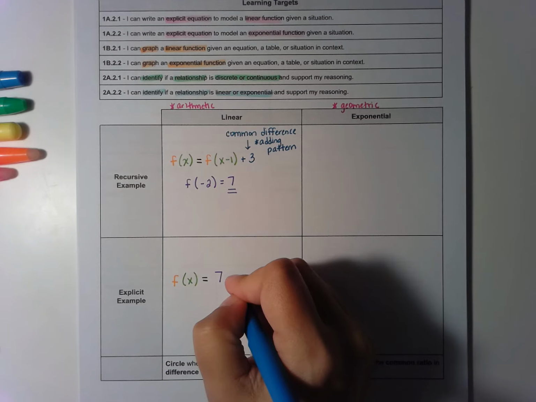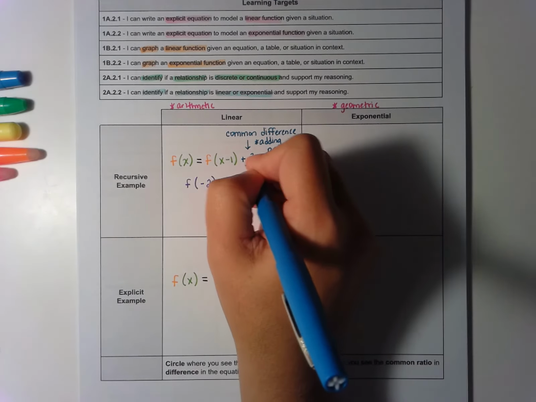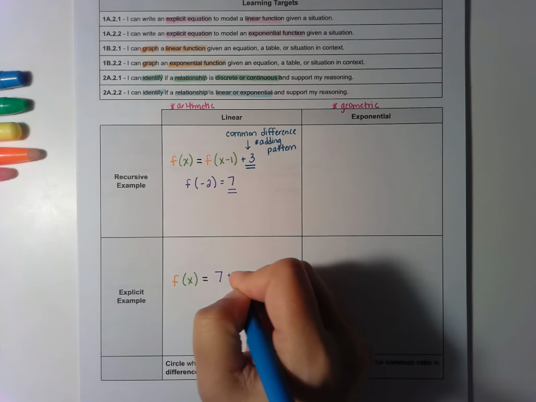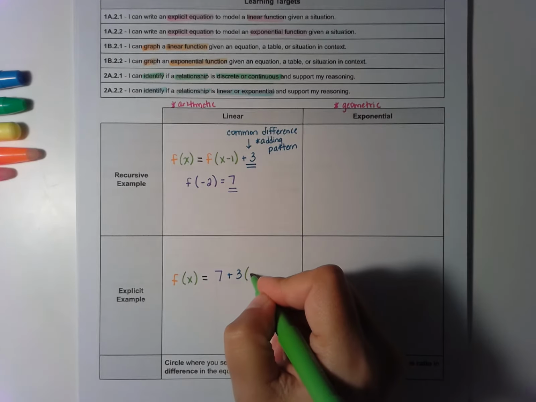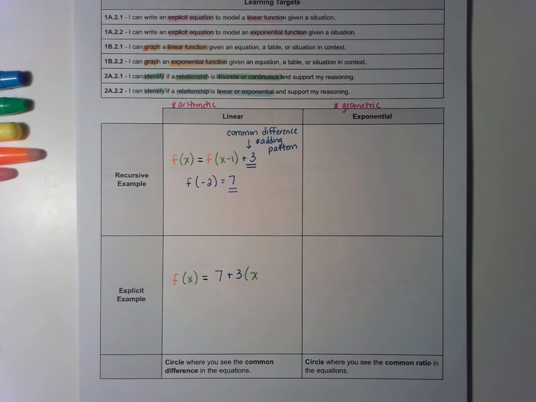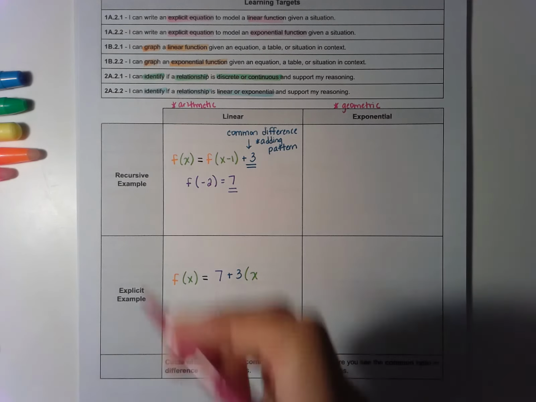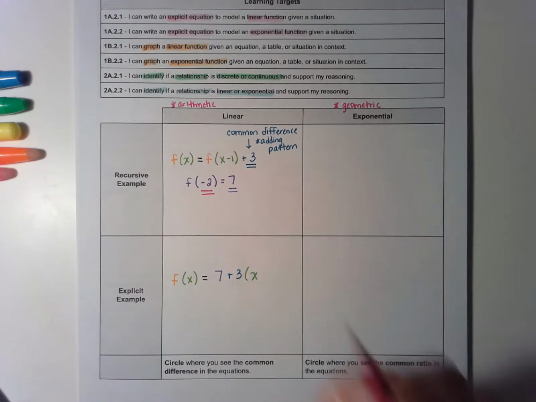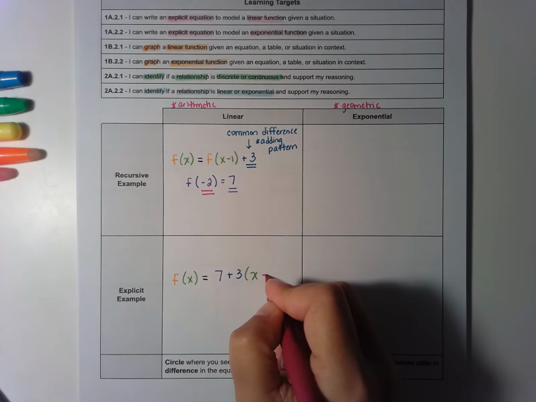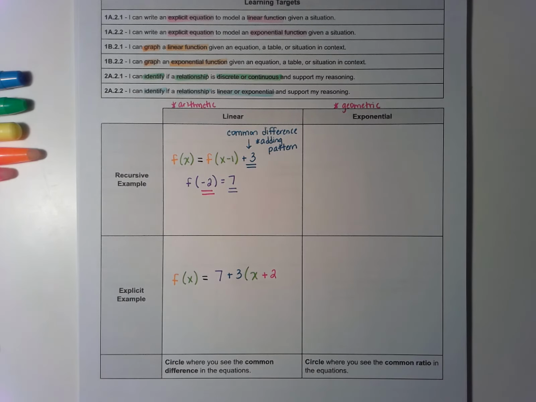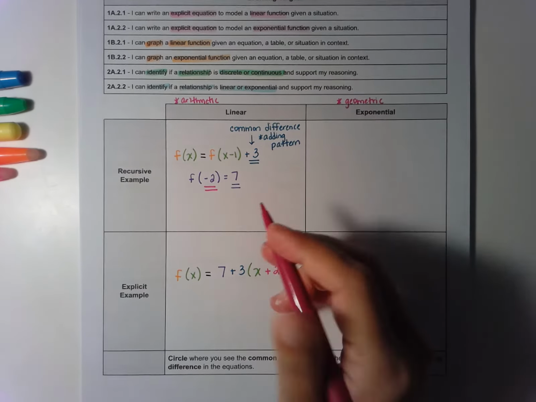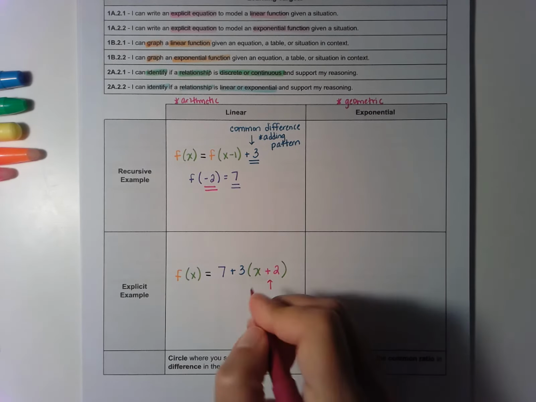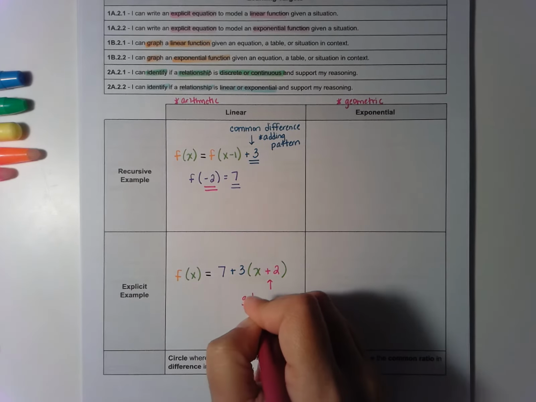Then my pattern, so since my pattern is plus 3, my pattern here would be plus 3. And then I would put parentheses with x on the inside. And then I need to decide, is that just x or does it need a buddy to get back to 0? Since my starting value here is negative 2, this equation would need a plus 2 by the x in order to get back to 0. So as a reminder, this is get the starting input back to 0.